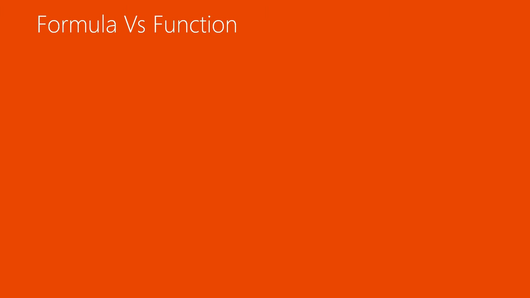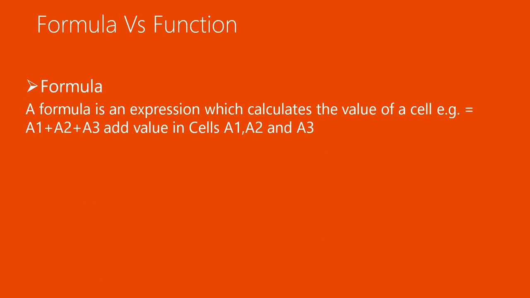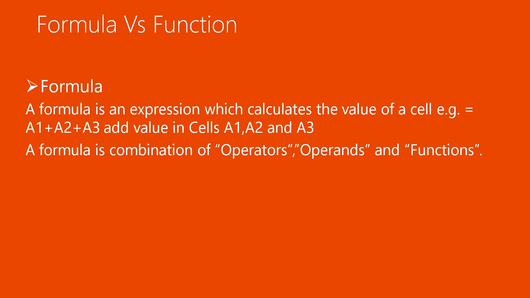What is a formula and what is a function? A formula is an expression which calculates the value of a cell. Example: A1 plus A2 plus A3 adds the values in a cell. A formula is a combination of operators, operands, and functions.